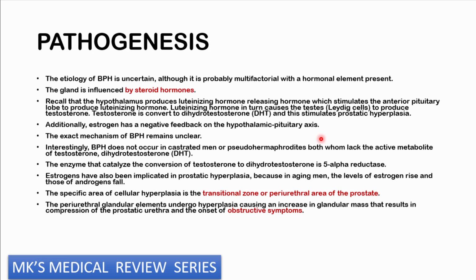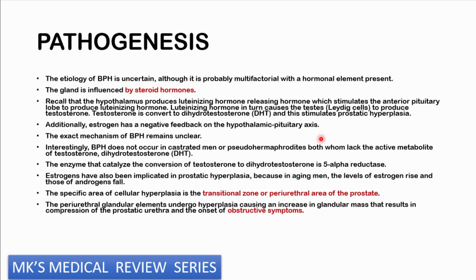It's also not seen in pseudo-hermaphrodites and in people that lack the active metabolite of testosterone, which is dihydrotestosterone. And remember that the enzyme that catalyzes the conversion of testosterone into dihydrotestosterone is 5-alpha reductase. This could potentially be a place where we could give a drug that can inhibit this enzyme so that we can symptomatically treat patients with benign prostatic enlargement.